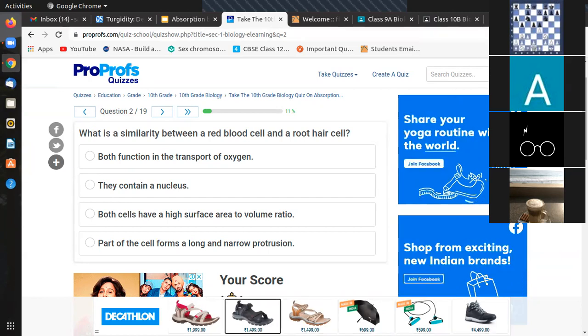Okay. I'm reading the question and options again. I think it's the first one: both function in the transport of oxygen.